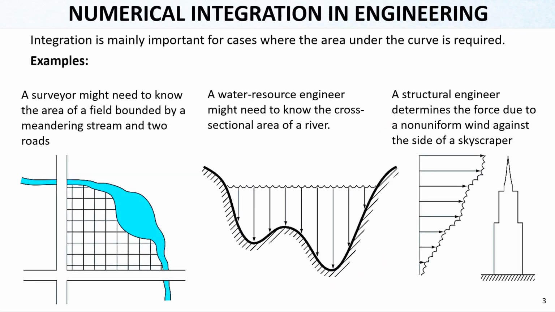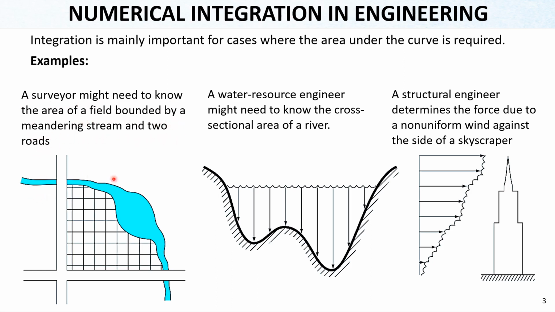Integration is also important in engineering, and that's why we need some numerical integration methods to be able to get the integrals. And we are going to show here three important examples. Usually integration is mainly important for cases where the area under the curve is required. For example, a surveyor might need to know the area of a field bounded by a meandering stream and two roads.